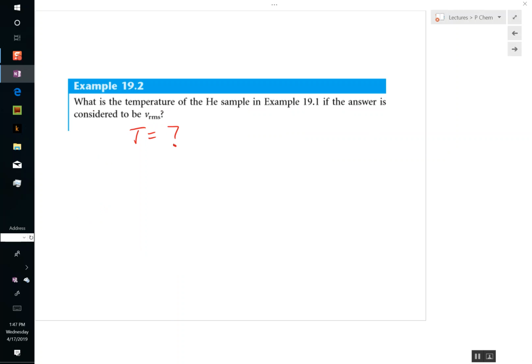Now Wednesday, I don't know if I'll have any more problems to add here as we get into the rest of chapter 19. But I'll give you a strong hint. 1, 2, 3, 4, and 5 are mimicking the examples that are in the textbook, with just either changing the temperature or changing from helium to argon or neon or something like that.